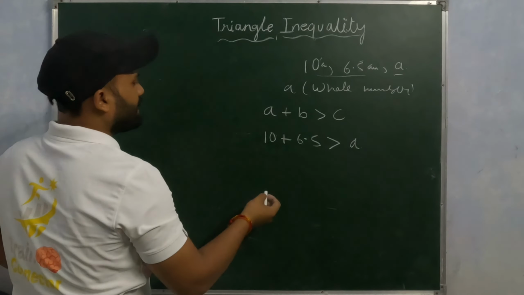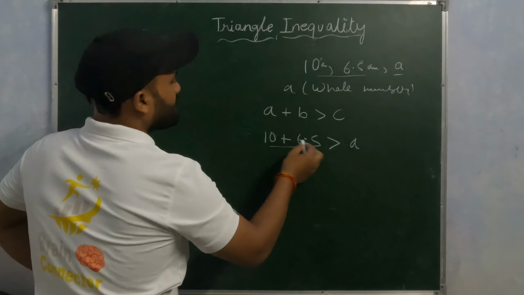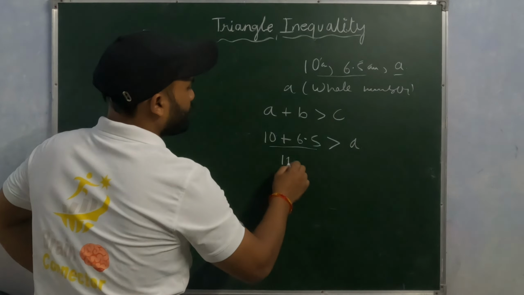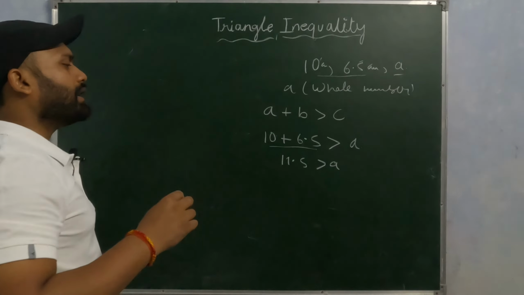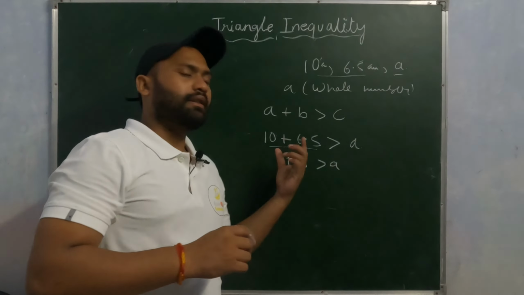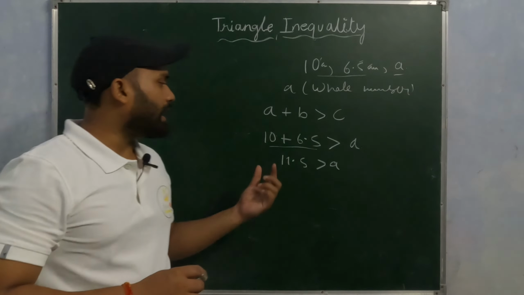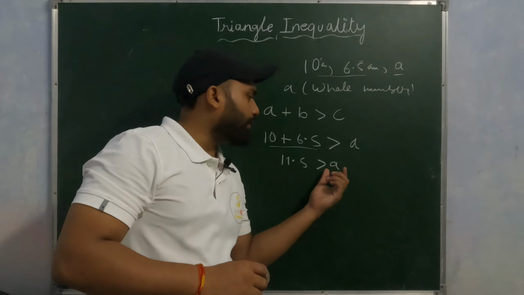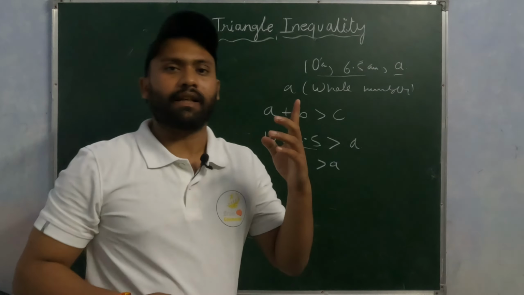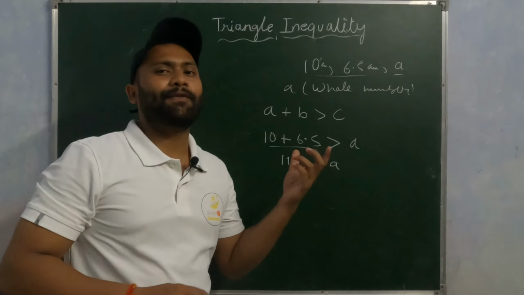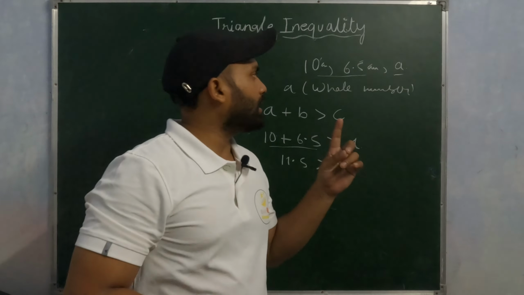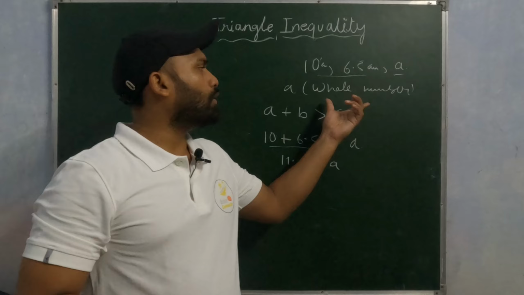When you add this, 10 plus 6.5 will be 16.5... It means you are observing here that the value of the third side will always be greater than 11.5, and it is mandatory that the third side be a whole number.